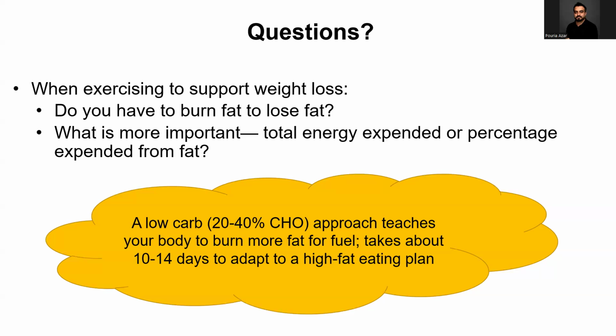So whenever we are increasing the amount of fat from diet, it takes 10 to 14 days to adapt, meaning our body tries to burn more fat because we are eating too much fat. But we don't have to burn fat in order to lose fat.